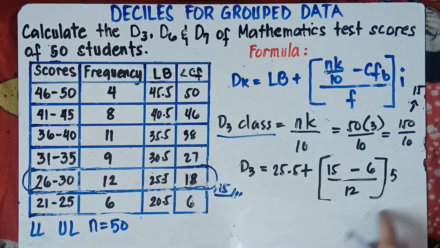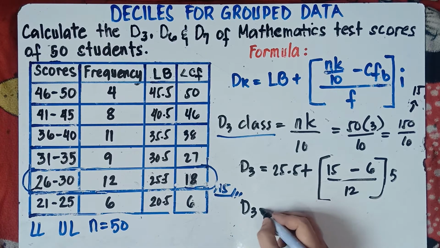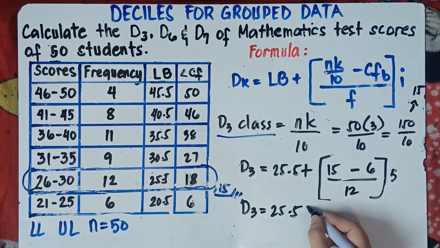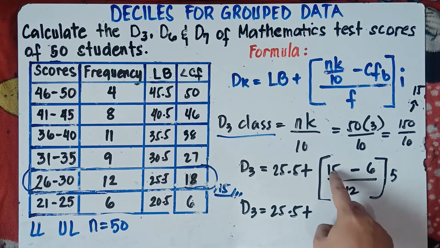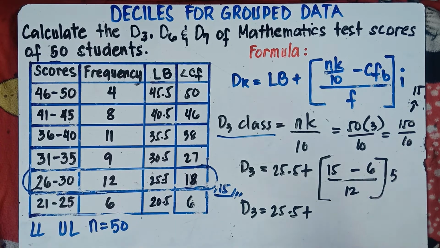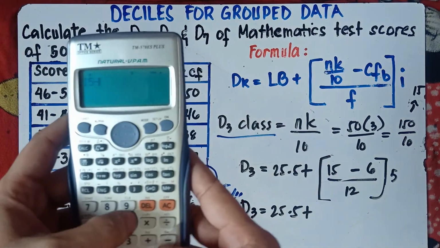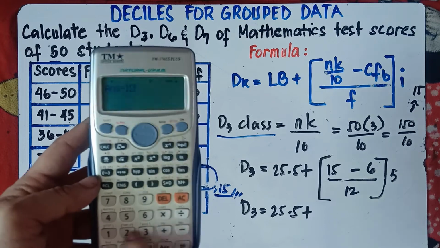Now, you can simplify this one using your calculator. So, let me copy. Third decile is equal to 25.5 plus, once again, let's simplify this one using the calculator. Subtract, divide, multiply. Subtract 15 minus 6, of course, that's 9. Divide by 12.